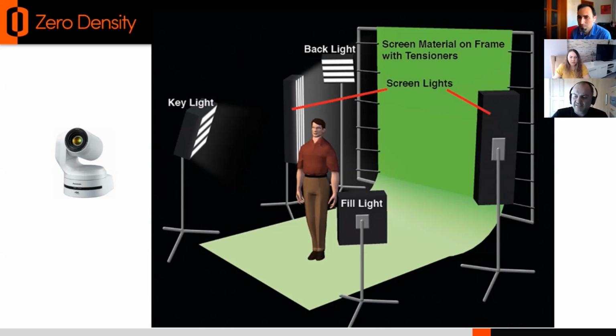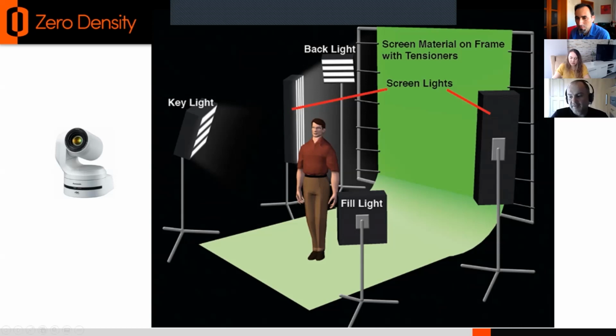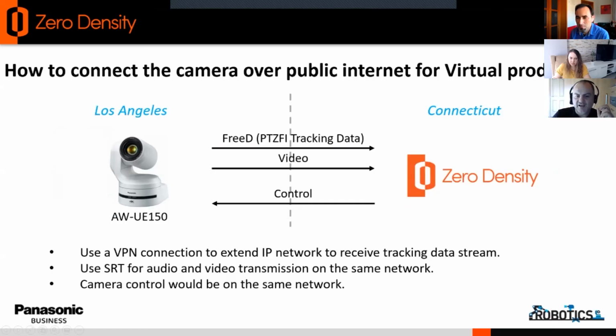The thing is, of course, there are many devices which transmit SDI streams over the internet by compressing the stream, and we know all those available equipment. But the tracking data is usually sent over UDP on the internet.